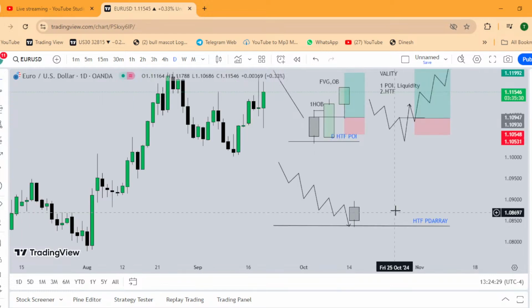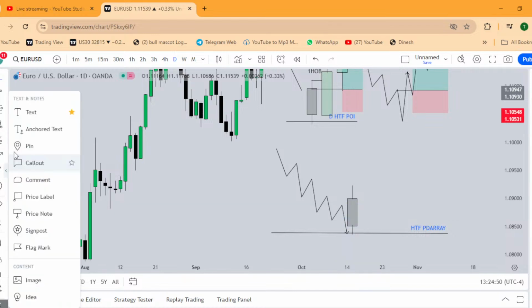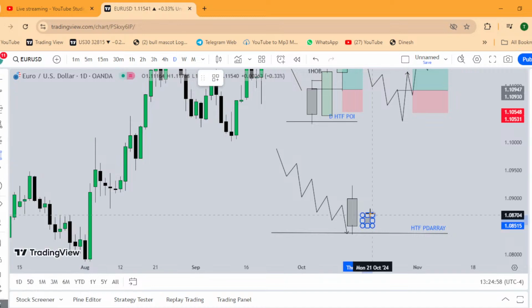However, there's a scenario whereby price does not immediately go up. It will first try to play around within that same range. So what happens is price after reacting on the strong zone rises up, okay, but then does not close above this high.